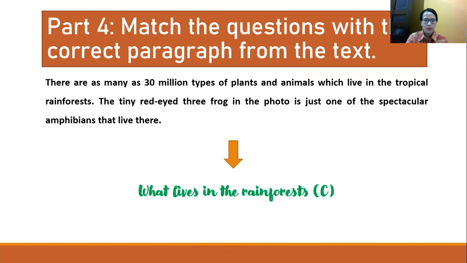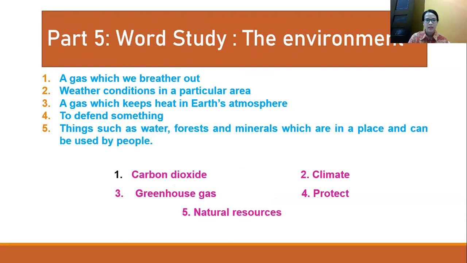Okay, now we will move to word study, which are also clues in the text that you have studied. So now let's check one by one. A gas which we breathe out, of course, it is carbon dioxide. Second one, weather condition in a particular area, of course, it is climate.